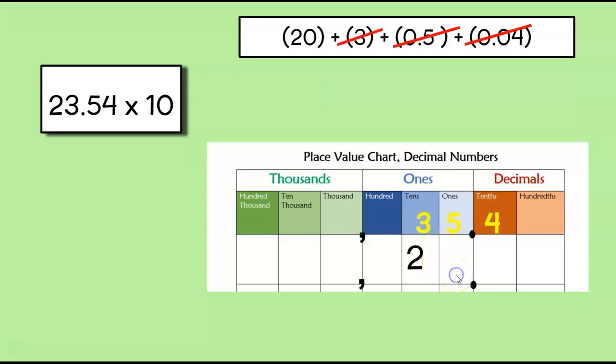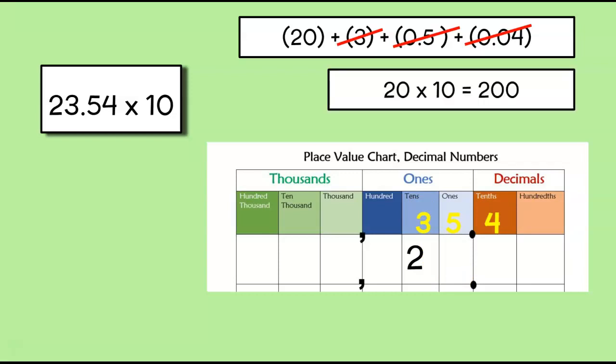And then I get to my 20, right? If I have $20, and 10 people give me $20, I'm going to have $200. So this 2 gets moved over to the hundreds place. And now you can see each of the digits moved up 1 place value, because we know that each place value represents 10 times more, or, the opposite, we divide each place value by 10 and get 10 times smaller.